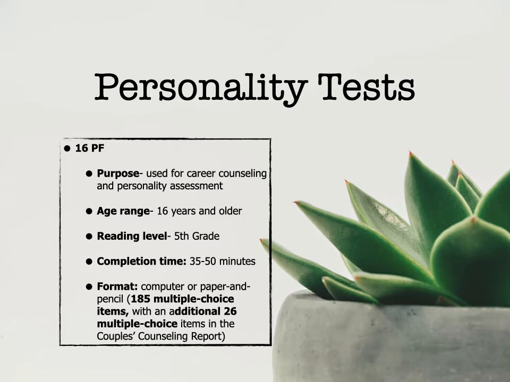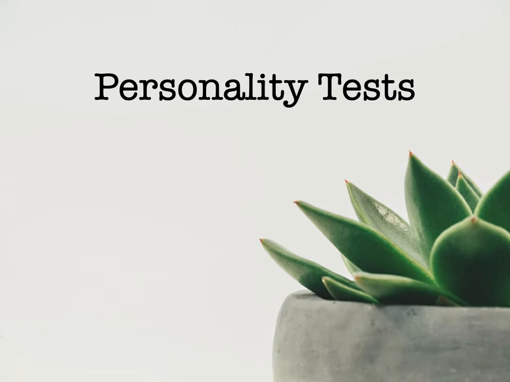The 16PF can be administered using a computer-assisted or computer-administered test, or paper and pencil. It is composed of 185 multiple choice items, with an additional 26 multiple choice items in the couples counseling report, if you decide to administer this part of the test for couples counseling assessment.